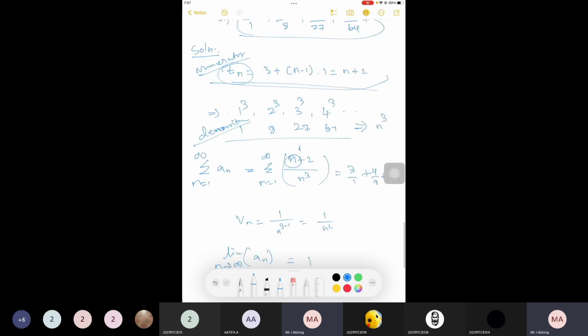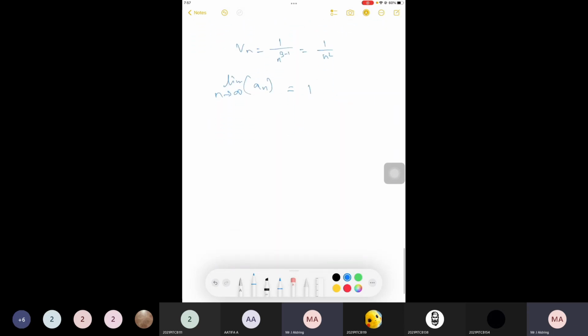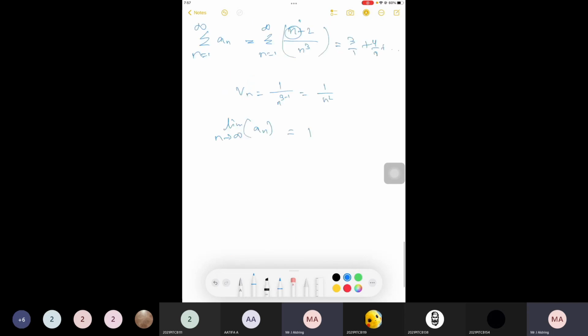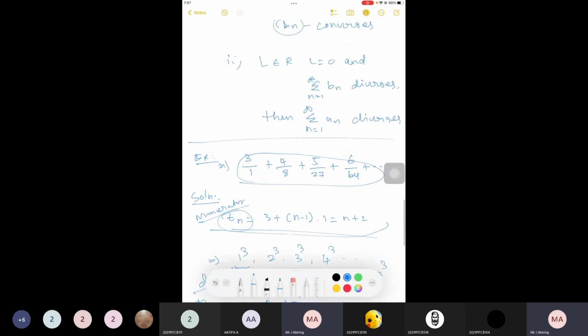These are one of the examples for the convergence test. Similarly, we have many other problems. In the upcoming problems, we can see how to solve using the other tests: square test, root test, limit comparison test and comparison test, all those tests.